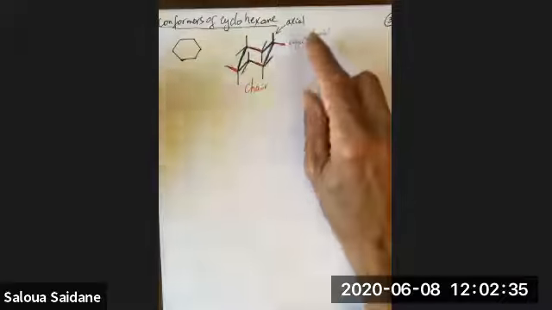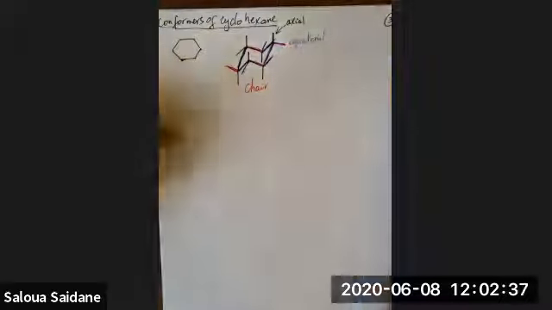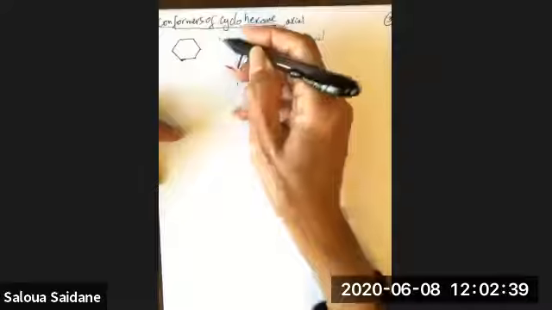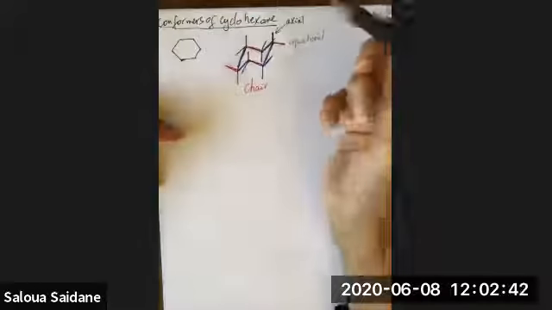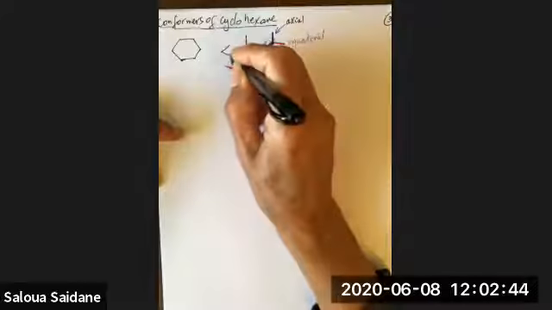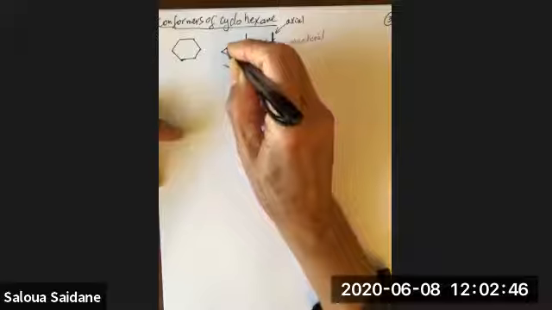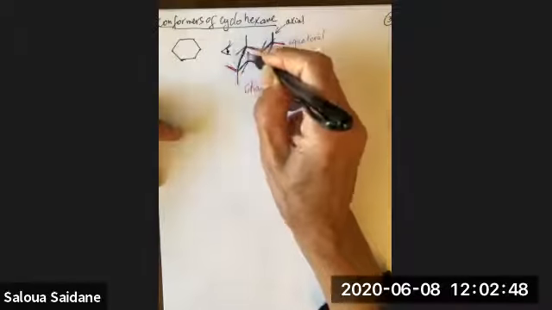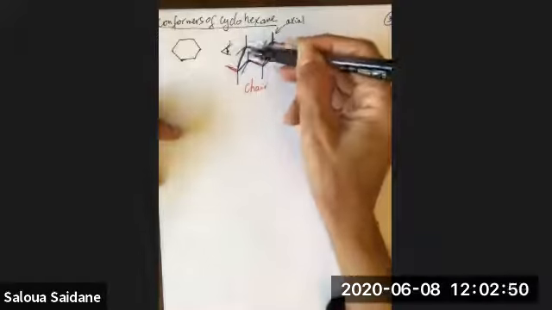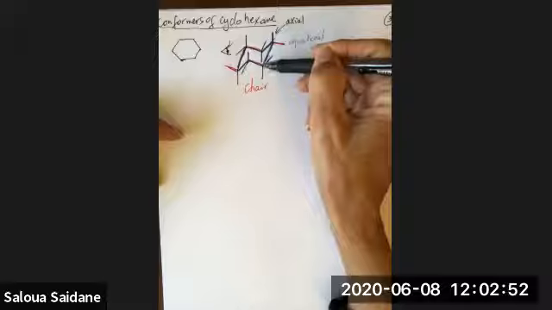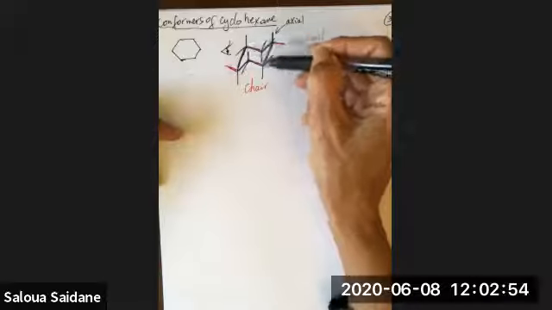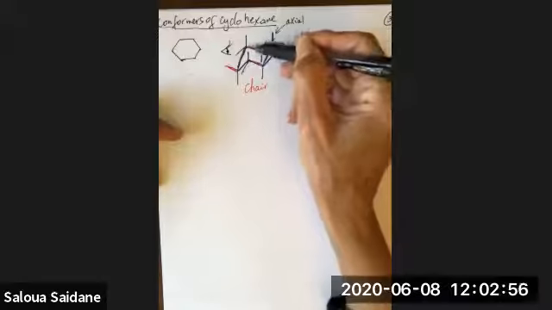Now, what if we want to do the Newman projection for this, just like we did earlier for the ethane? What we need to see is, imagine your eye is looking in this direction. So these 4 carbons, 1, 2, 3, 4, are all in the same plane.